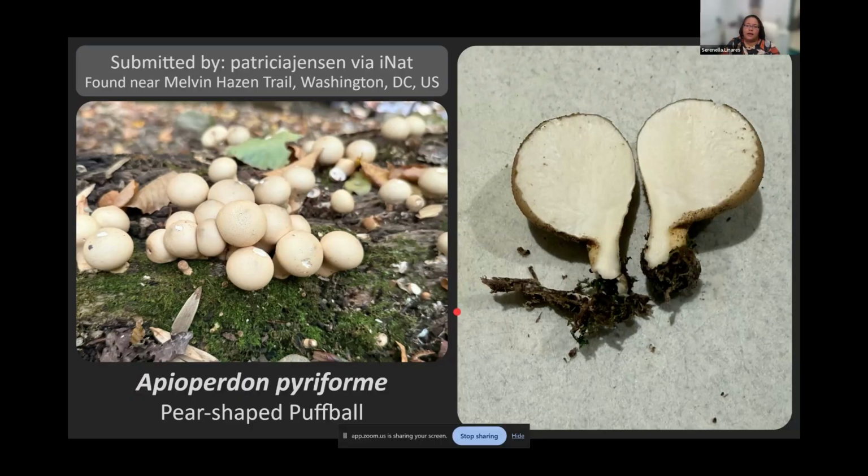They are going to be edible if they are pure white inside, which is what we are seeing in the right hand side. And this was submitted by Patricia Jensen, found in Washington, D.C., but honestly, everywhere. Because right outside here in the mulch, we have some that are popping right now and that I ate with my team. And that, folks, takes us to the end of my section.